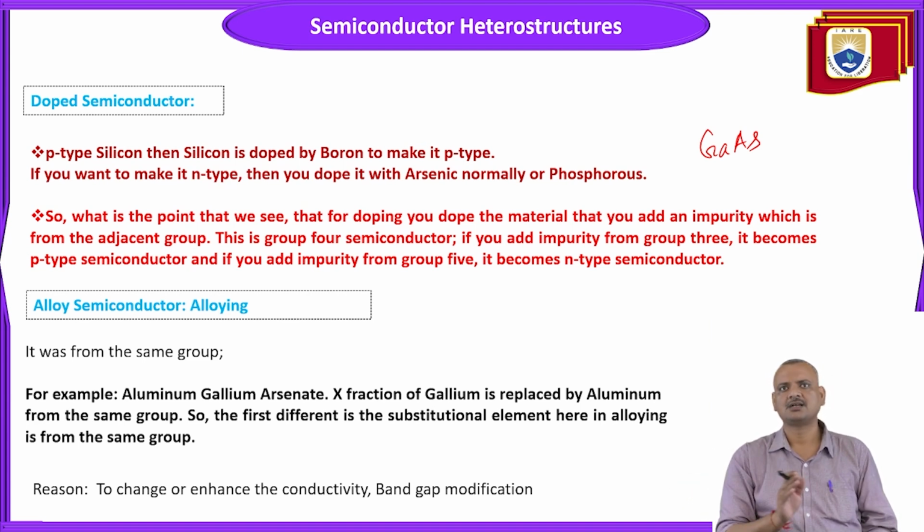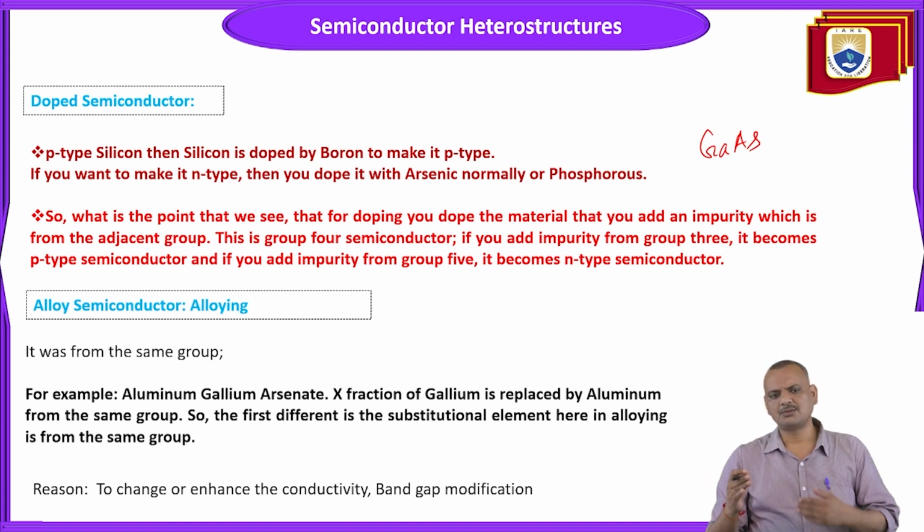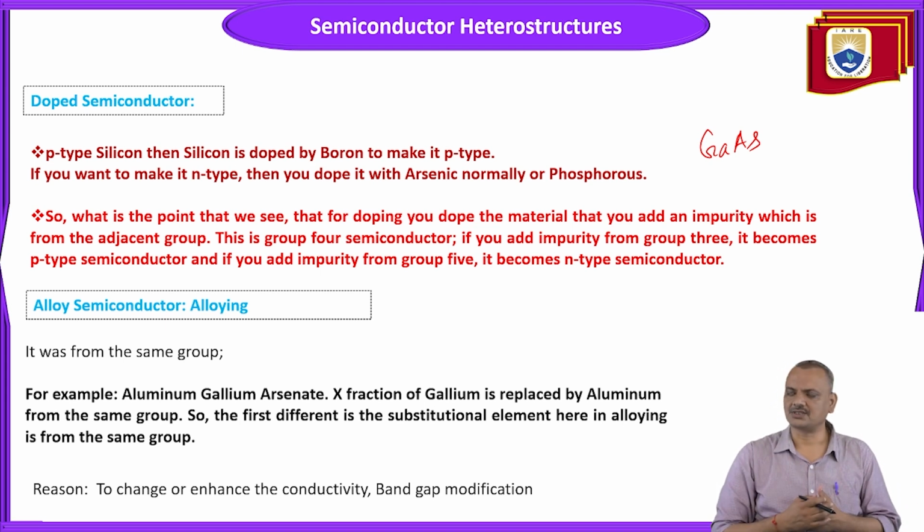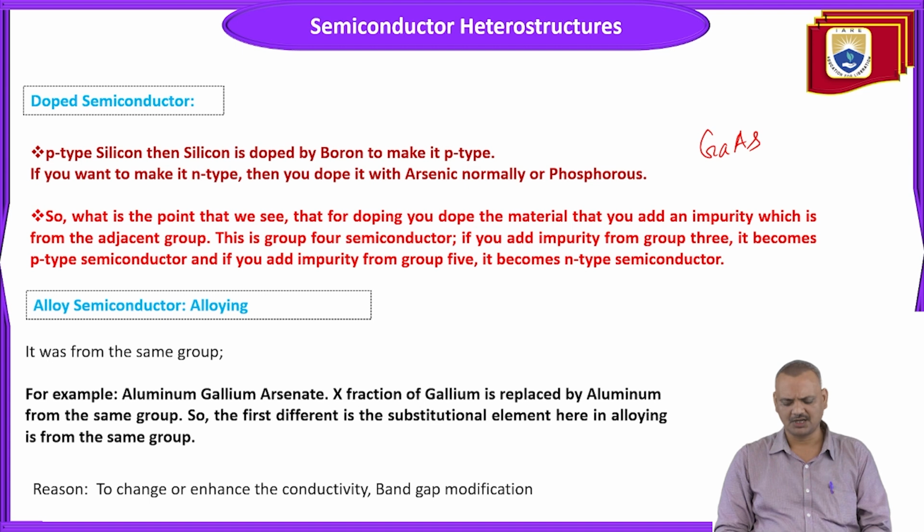But in alloying, first you have to take some binary semiconductor, then you have to replace an element by a same group element in some fraction. So that is the first difference. And why do we want to do all these things? To change or enhance the conductivity, or for band gap modification. That is very, very important for optoelectronic application.